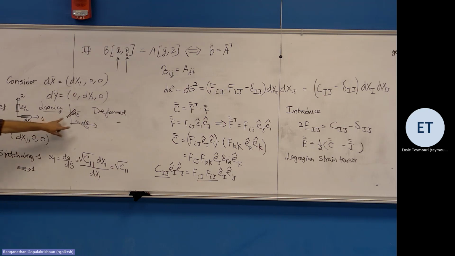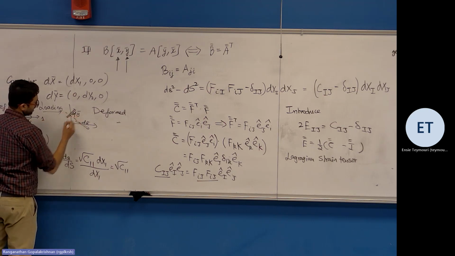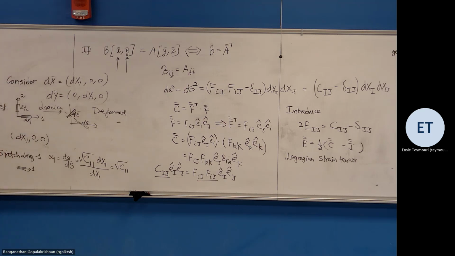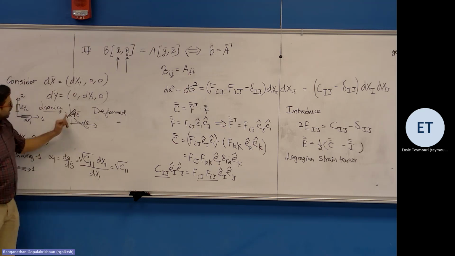How do we get dx and dy, or at least the angle between them? It's like asking if I put a square on a fabric, and I subject that to loading in an arbitrary direction, what is the shape change of that square? How do you define a square? The angle between any two sides is 90 degrees. If the angle changes, then you go from a square to a rhombus or another shape. How to predict the change in angle is the question here.